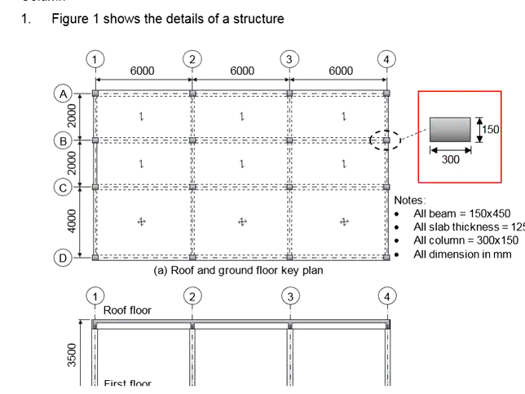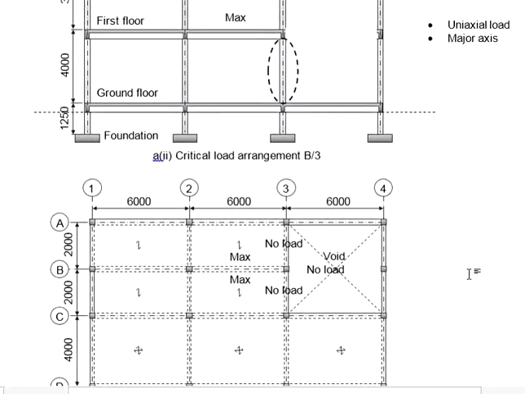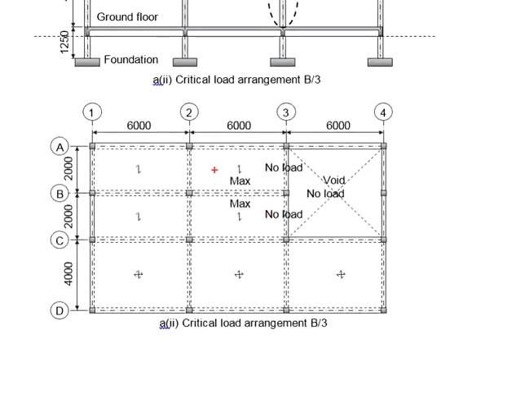Look at the orientations of the column, and then look at the layout of the critical loop arrangement. There will be loops from this side, no loop from the other side. When the column is arranged in this manner, this will be the major axis and this will be the minor axis.